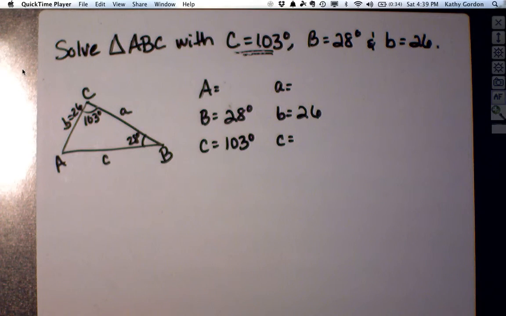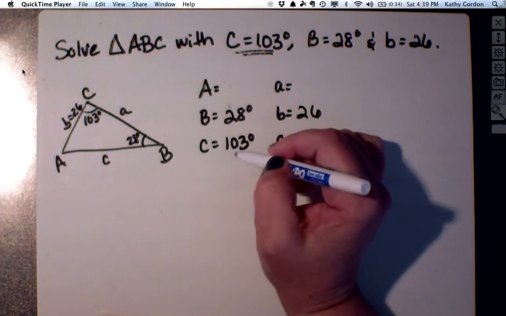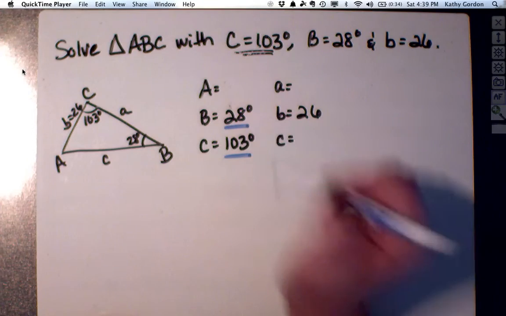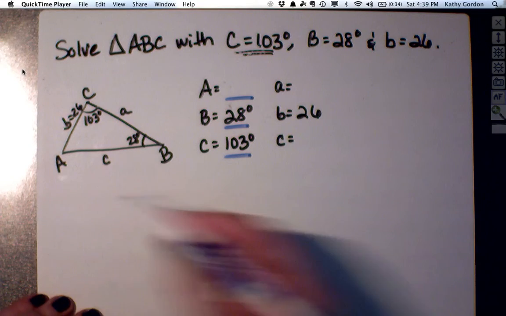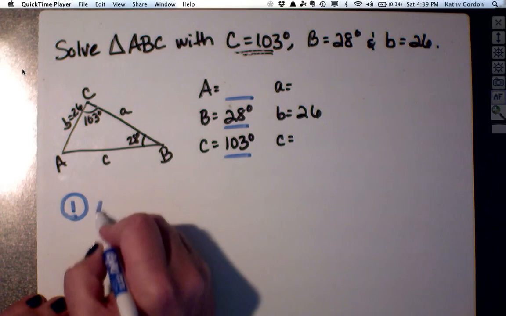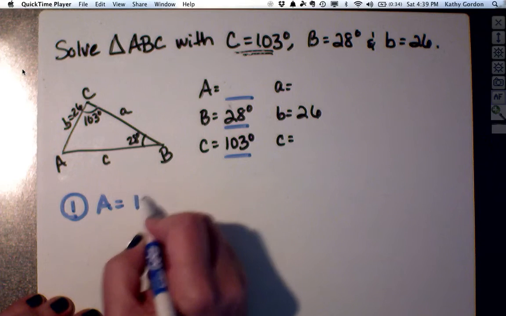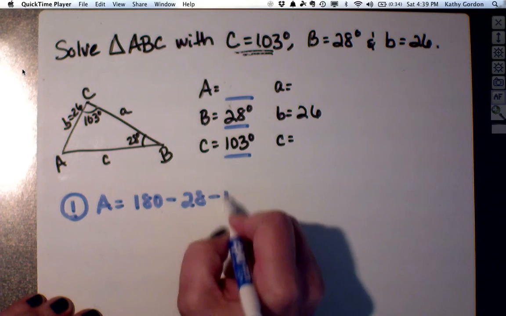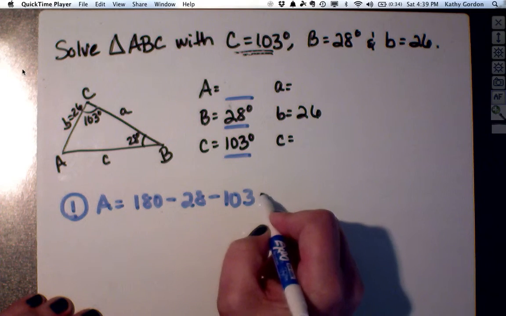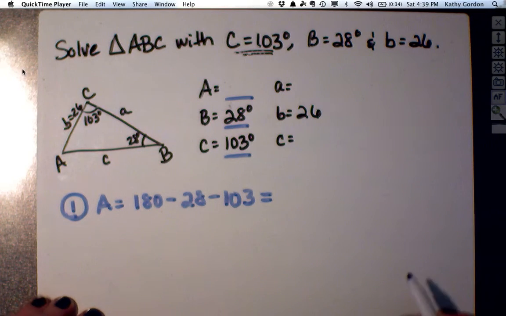All right, so what's the easiest thing that we can find first? Well, I hope you recognize that if I have two angles, B and C, then it's very easy to find angle A by simply subtracting my B angle and my C angle from 180.